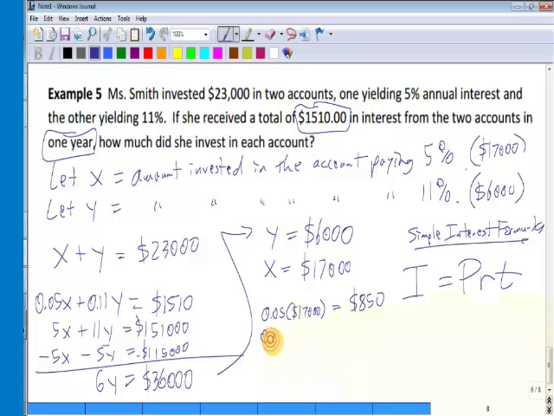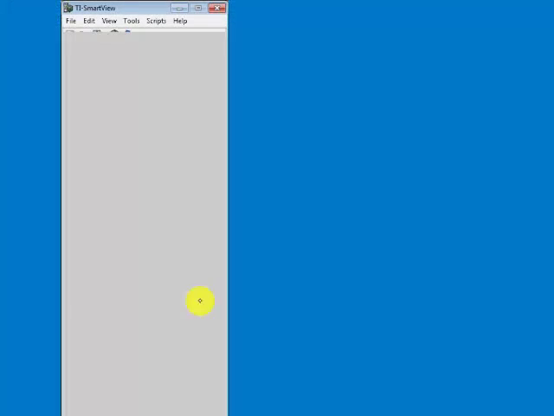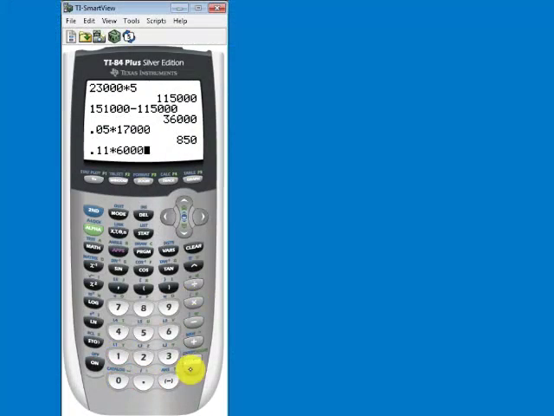And we could take 11% of $6,000, and I'm guessing that's probably $660. Is that the right order of magnitude? Not 66 bucks. The 660 bucks. 0.11 times 6,000.